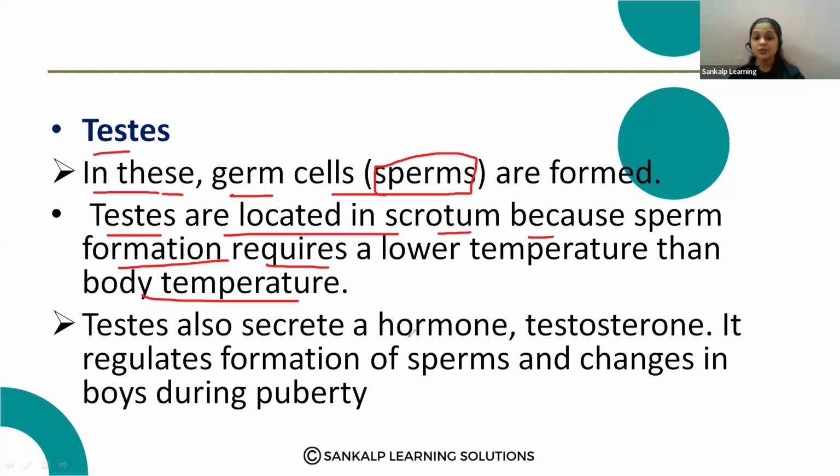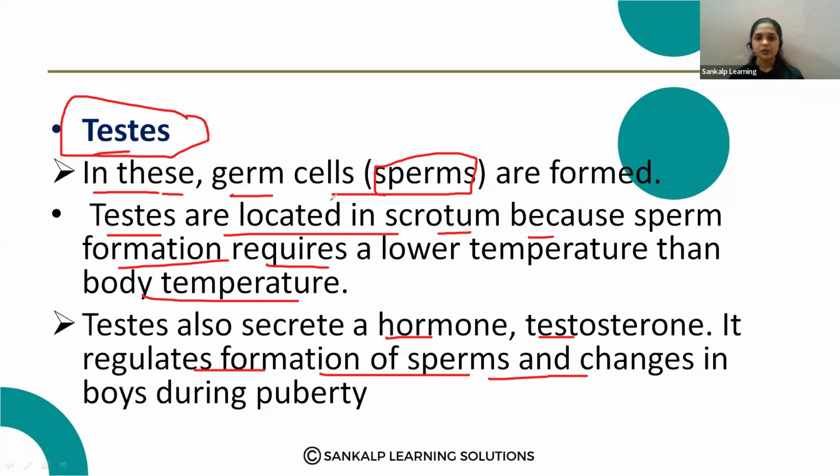Testes also secrete the hormone testosterone, and regulate the formation of the sperm and the changes that occur in puberty in males. So that is the function of the testes.